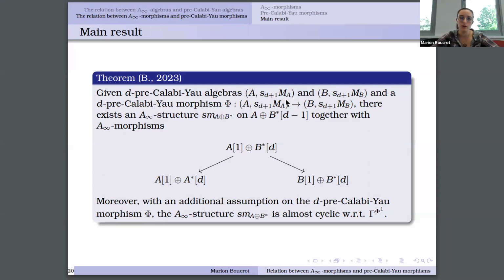So if phi goes from A to B and psi from B to C, it's possible to add here the B plus C star and here the C plus C star, and to make a big hat in some sense to have the composition of those two. So this is really some kind of functor, in the sense that composable pre-Calabi-Yau morphisms are mapped to composable hats of this form.